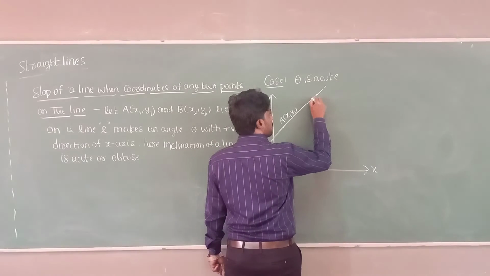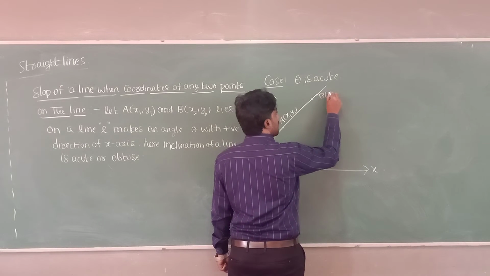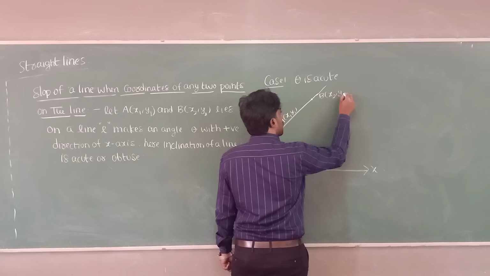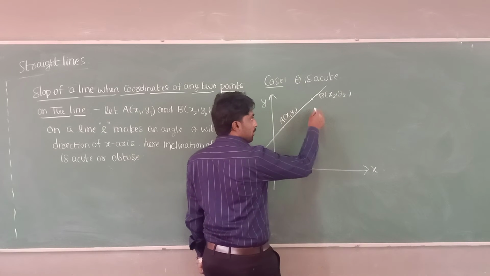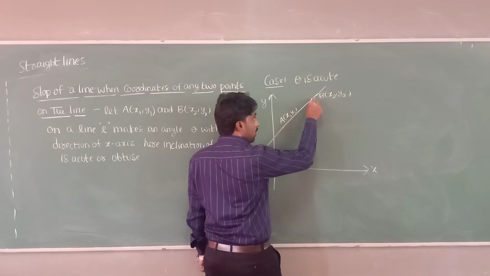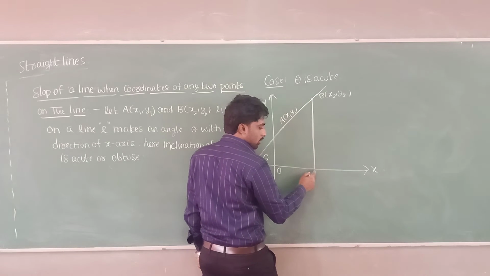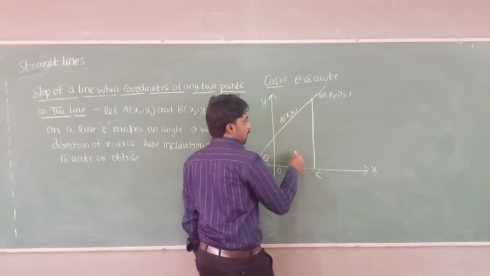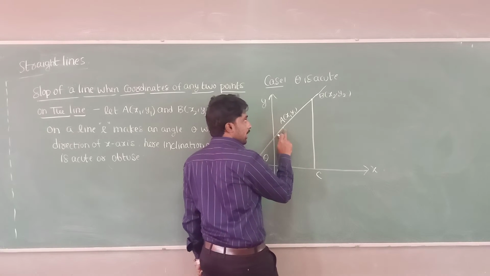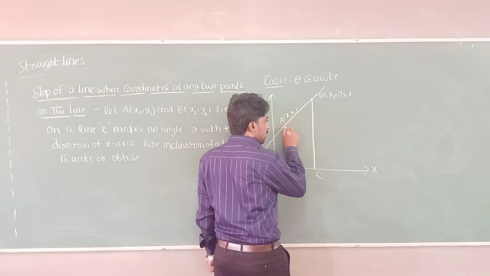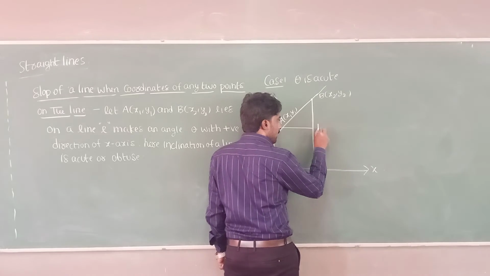This point is B, and B is x2 comma y2. If I draw a foot of the perpendicular from point B to the x-axis, it intersects at point C. From point A to BC, if I draw a foot of the perpendicular, it intersects at point D.